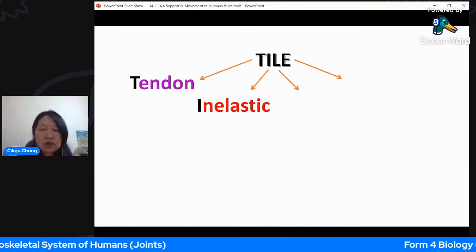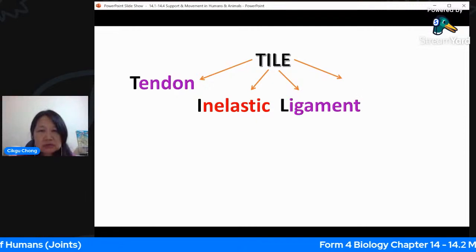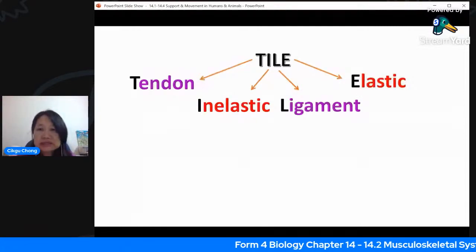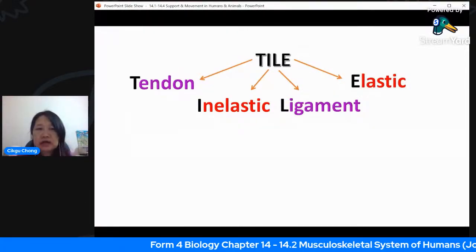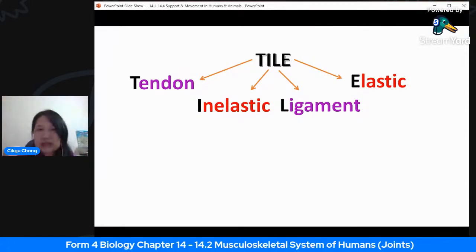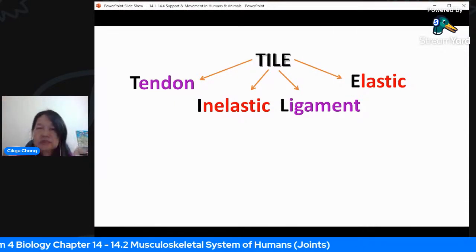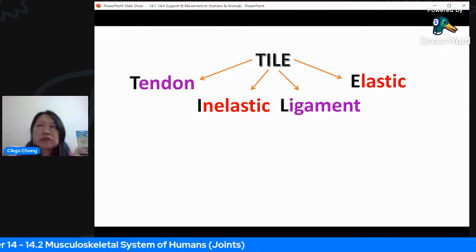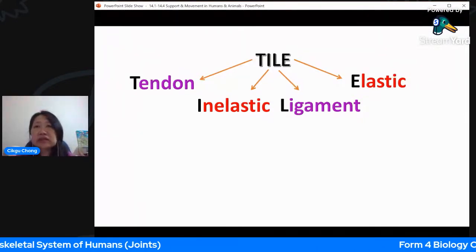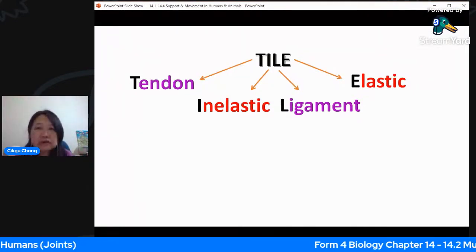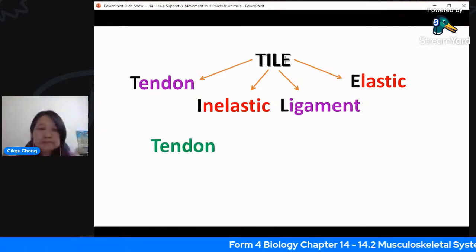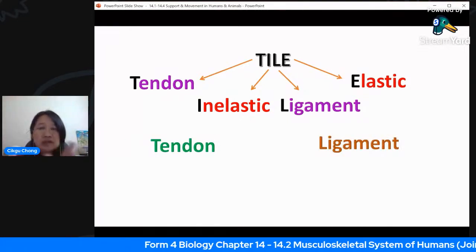Next, ligament. Ligament is elastic. So T-I-L-E: tendon is inelastic, ligament is elastic. Next, how do we remember what tendon connects to what, and what ligament connects to what? Tendon versus ligament.